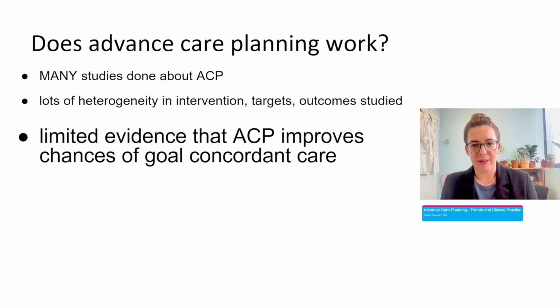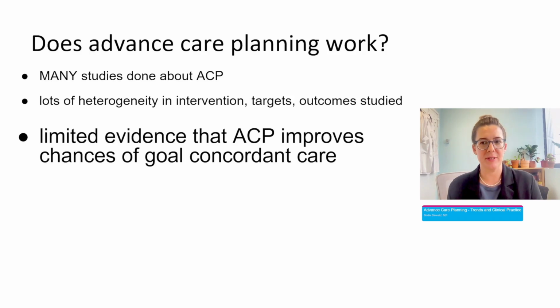So what do studies tell us about whether advanced care planning works? The last couple of decades have witnessed the development of many, many advanced care planning interventions. And one thing to note is that there's been a lot of variation in terms of what these interventions look like and what they target. So some of the interventions have targeted behaviors like values identification, communication, documentation. They have different components included.